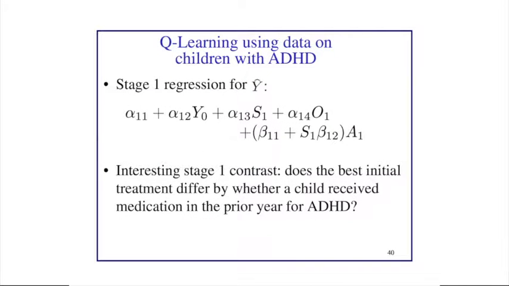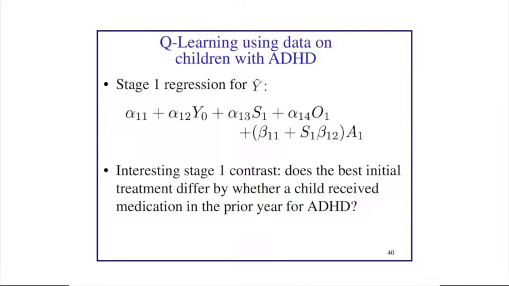Here's my regression. Here's 1 if behavioral modification, -1 if medication. And here's my coefficient. So if this is positive, I want to choose behavioral modification. If this linear combination is negative, I want to choose medication. And that corresponds to this scientific question: does the best initial treatment differ by whether a child was medicated for ADHD in the prior year?